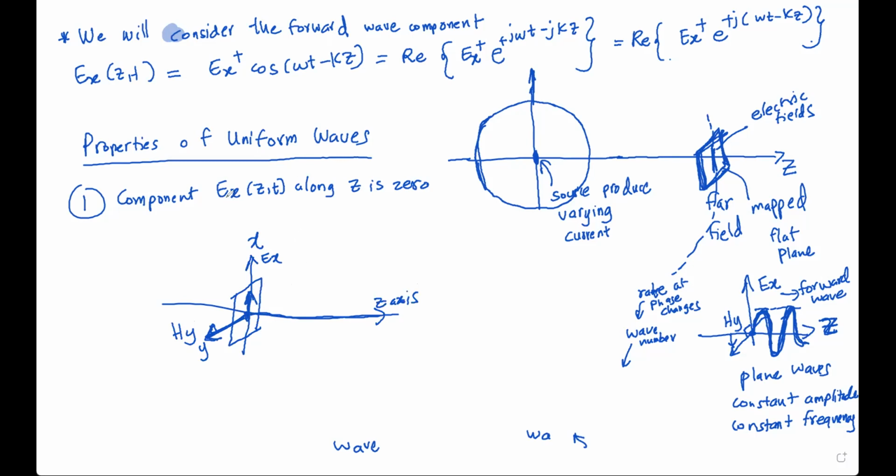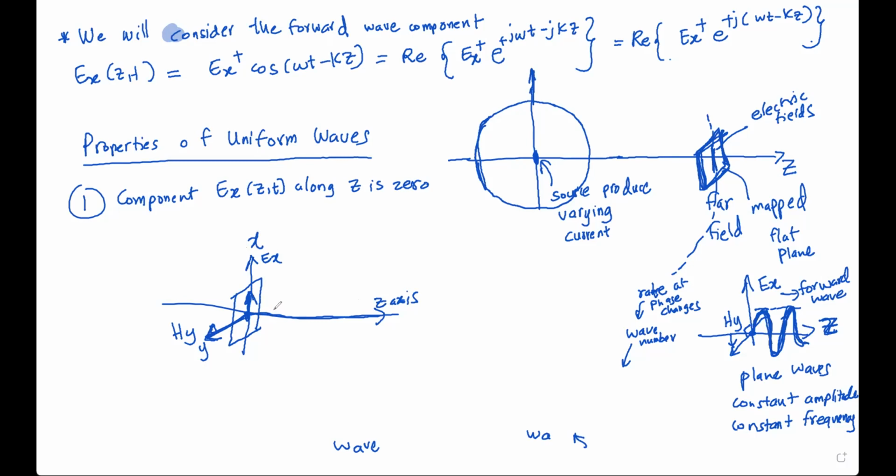So if this is the case, the component of the Ex, right? The electric field component along the Z axis is 0. The wave is propagating along the Z axis, but the projection or any components of electric field along Z axis is 0. There are no components along the Z axis, right?